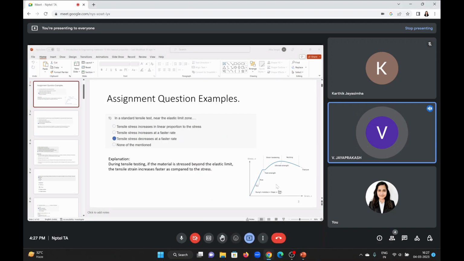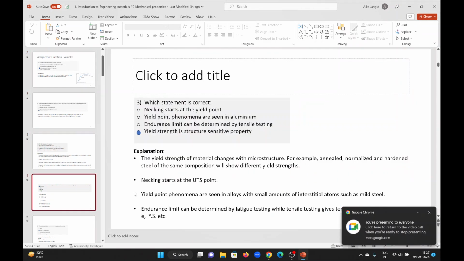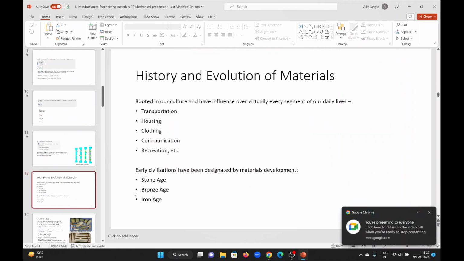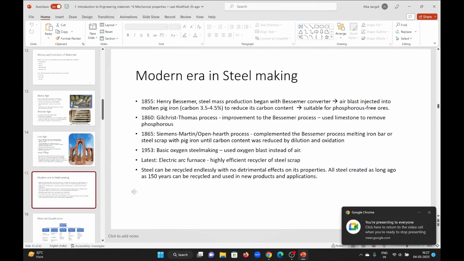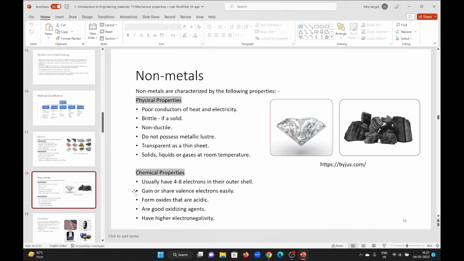What is the primary difference between a metal and a non-metal based on their atomic structure? I am thinking that metals have loosely held outer electrons while non-metals have tightly held outer electrons. But when I kept that answer, it was shown as incorrect. They have mentioned the reverse: that metals have tightly held outer electrons while non-metals have loosely held outer electrons.